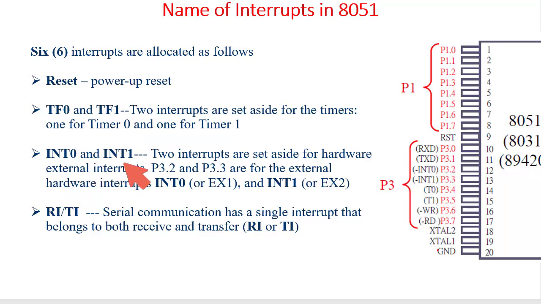These are two external interrupts. In the microcontroller, pin number 12 and 13, that is P3.2 and P3.3, are used to take the external interrupts. The interrupt names are INT0 and INT1. The next interrupt is RI/TI, which is a single interrupt that belongs to both receive and transfer of data for serial communication.